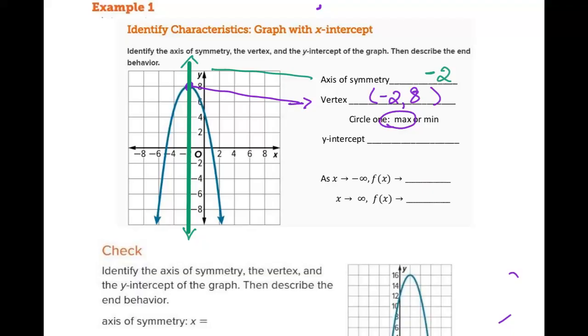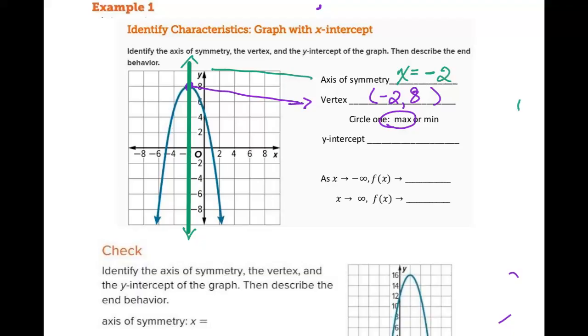We have to say x equals -2. Very good, though. You got the -2. So anytime you have a vertical line, that equation is going to be x equals some number.